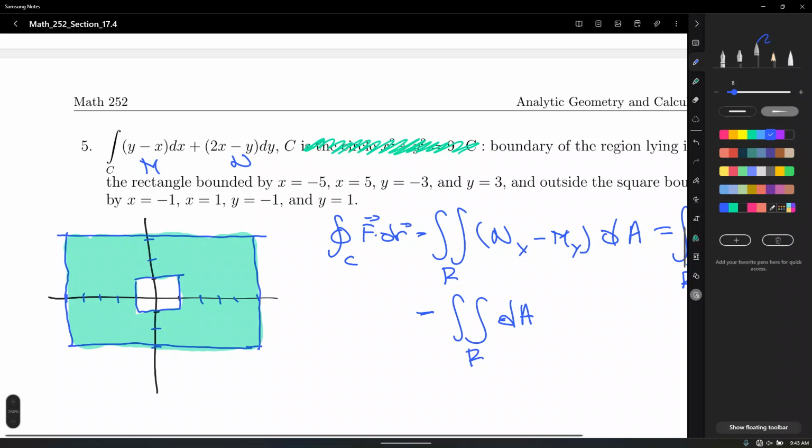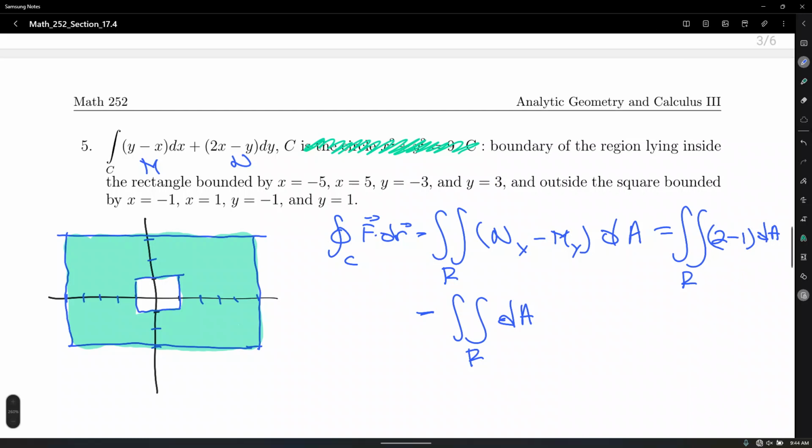That little hole in the middle means not simply connected. However, if we have known shapes, we can easily subtract the area of that inner square, so use the geometry.